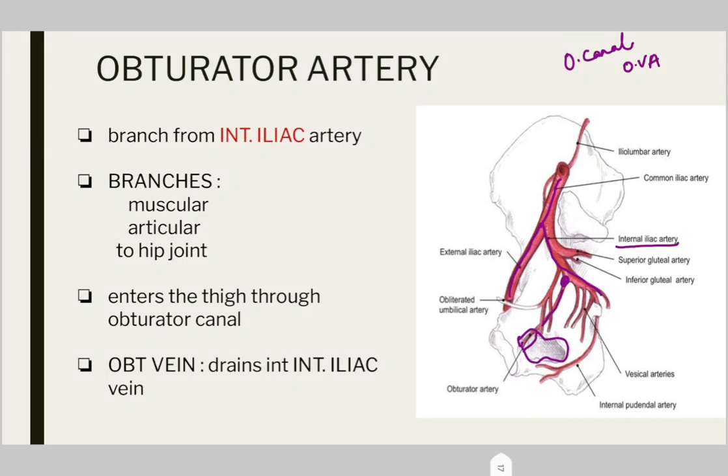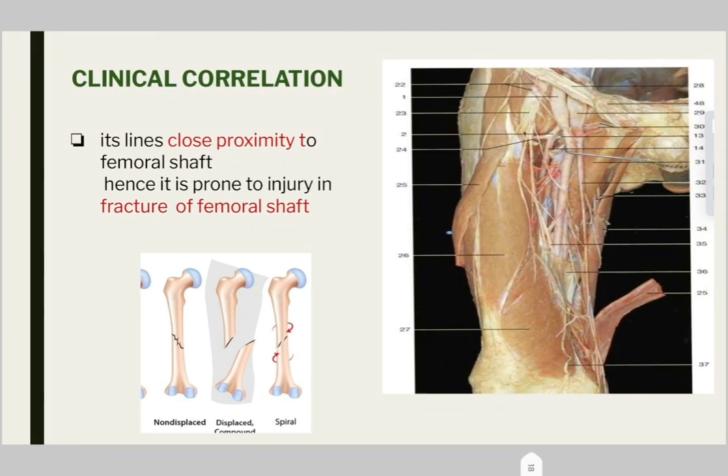Obturator nerve, artery, and vein. The branches of the obturator artery: it gives off muscular branches and also articular branches to the hip joint. Coming to the vein, obturator vein will drain into the internal iliac vein.